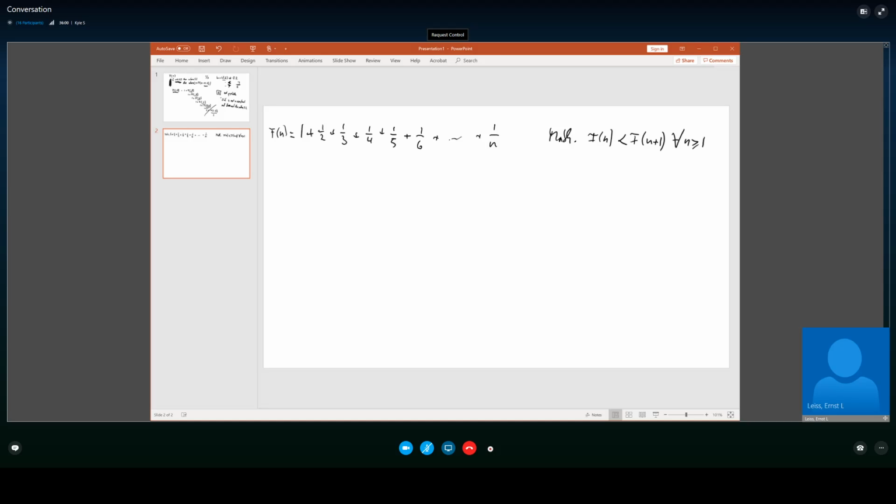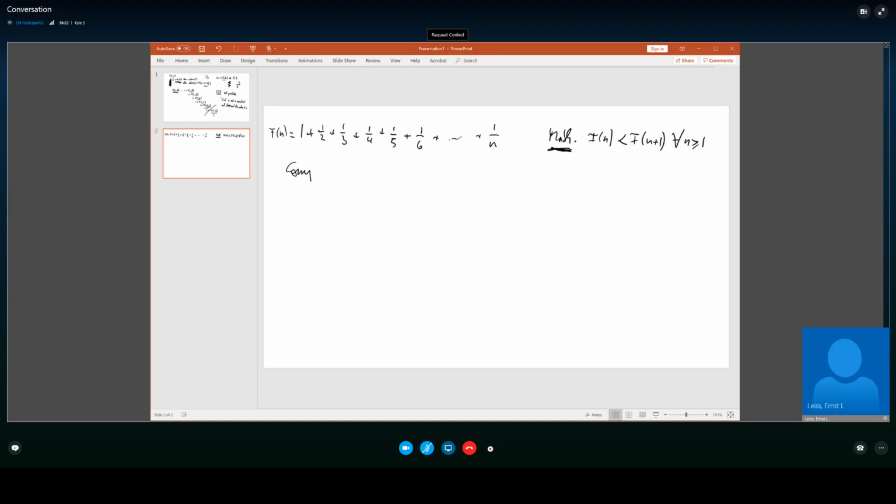So for any n, f of n is going to be less than f of n plus 1, because f of n differs from f of n plus 1 by 1 divided by n plus 1. That's mathematically.